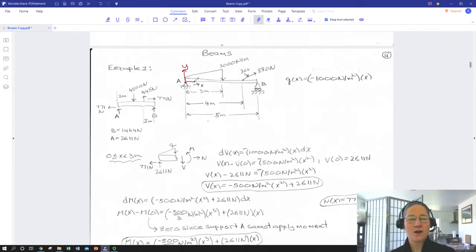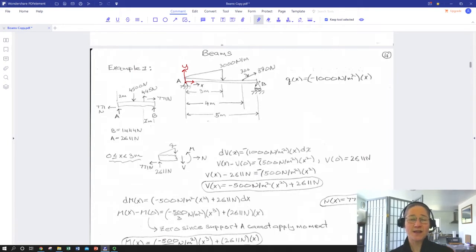And we're also going to call point A 0x, meaning point 0 in a distance along the length of the beam. We've got a roller support at B, which can only provide force in the upward direction. Vertical only, no horizontal forces can be supplied at B, and we can't supply any downward forces.